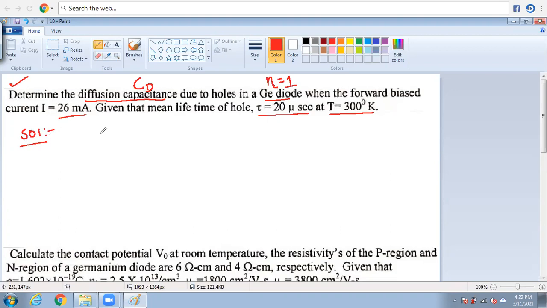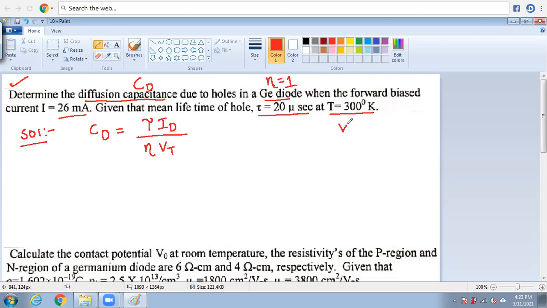First of all, you have to calculate the VT value. Why? Because CD, the diffusion capacitance, equals tau into ID, the diode current, by eta VT. VT means thermal voltage.